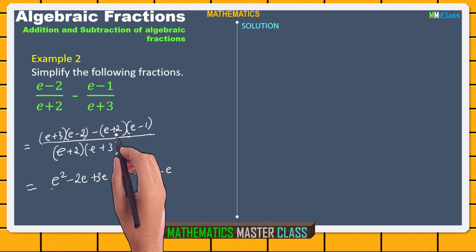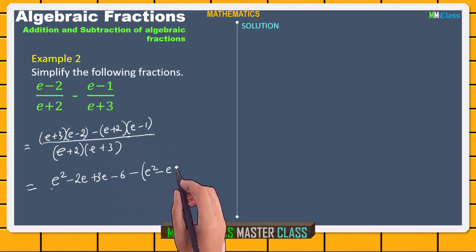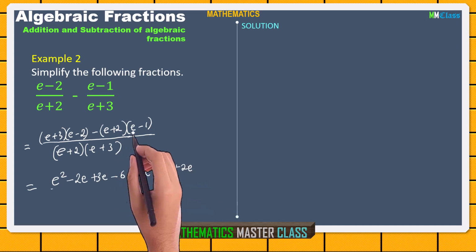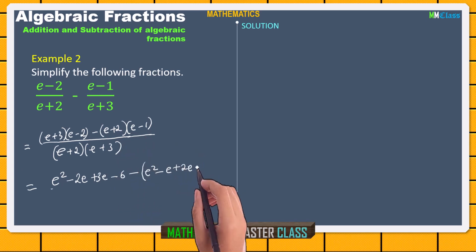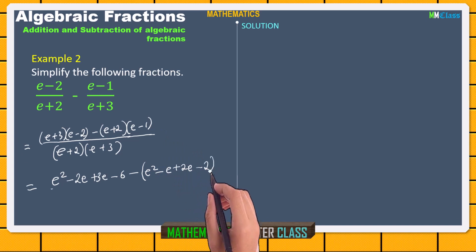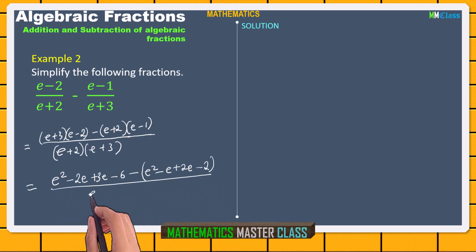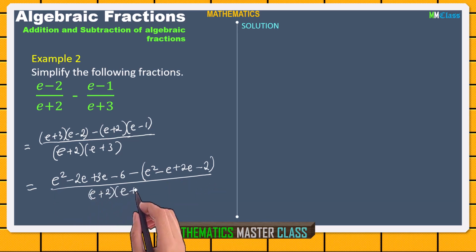Then plus 2 times e will give you plus 2e. Then plus 2 again times minus 1 will give you minus 2. You close the bracket. All over (e plus 2), then (e plus 3), the denominator.